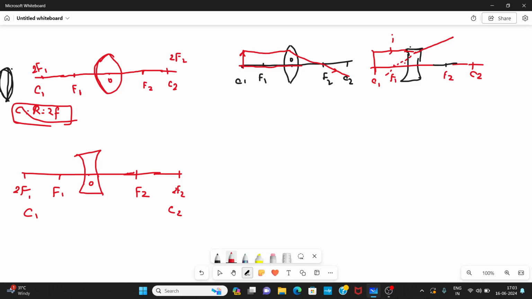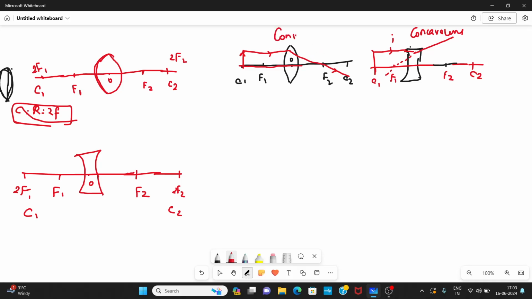So the object and the image are on the same side in terms of your concave lens. In case of your convex lens, the incident light and the refracted light are on opposite sides.